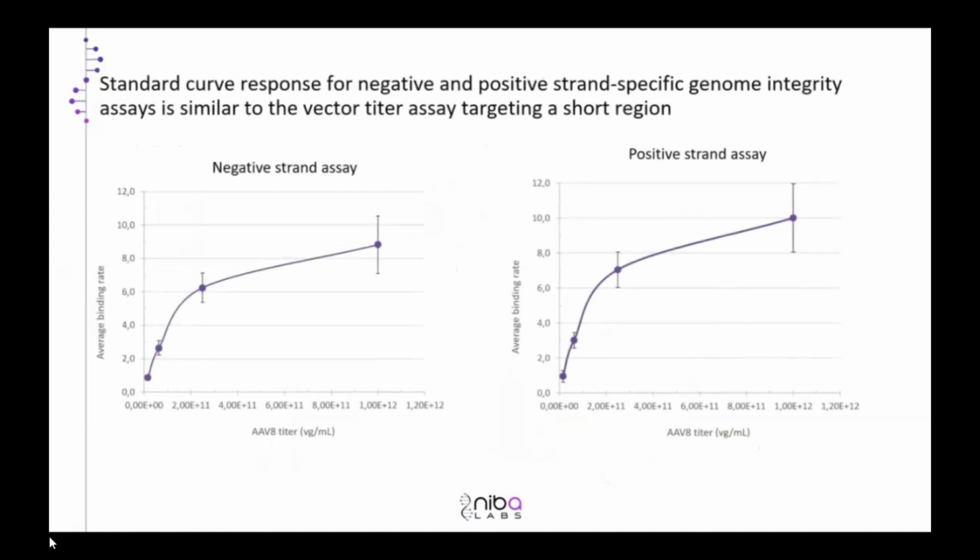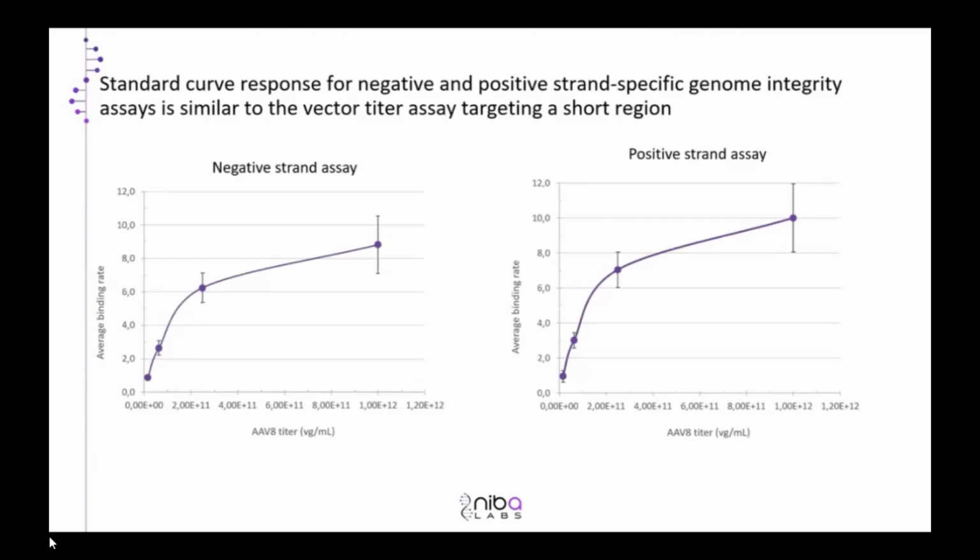And here I have the results of the standard curve for the negative and positive strand-specific genome integrity assay now. So this is not just the specific target like it was before, like CMV. Now it's the whole genome.